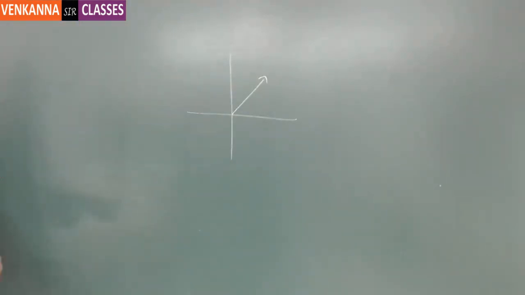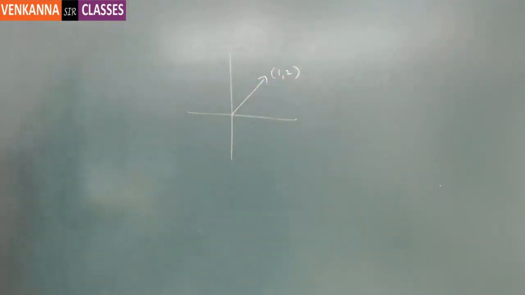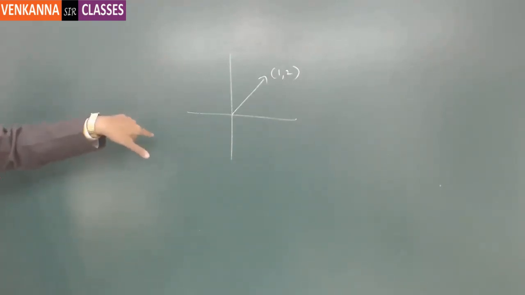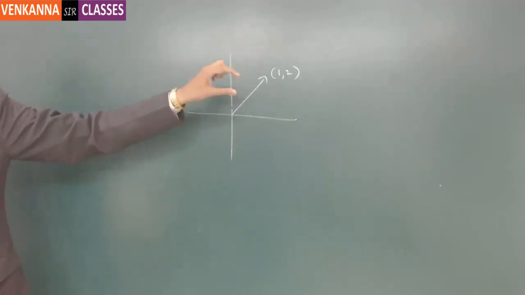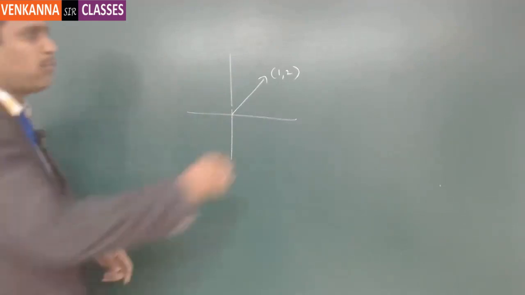Suppose it passes through the point 1, 2. So for that vector you have a vector notation. Here in vector spaces, this vector or this ray will be typically identified with the point itself.